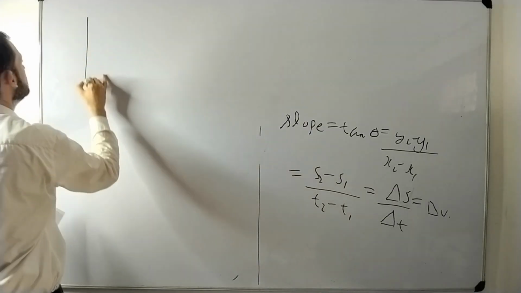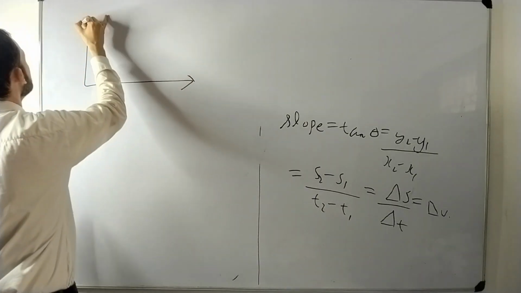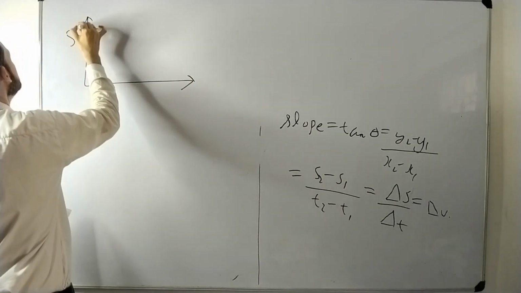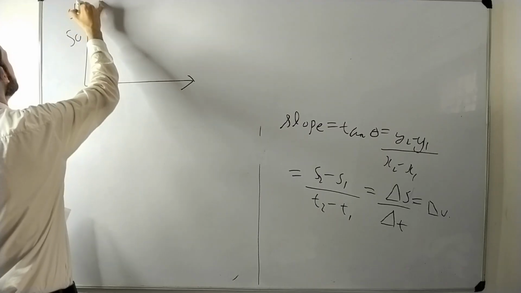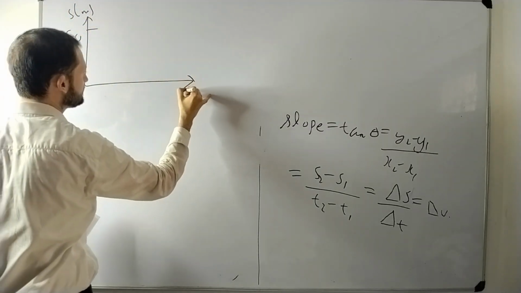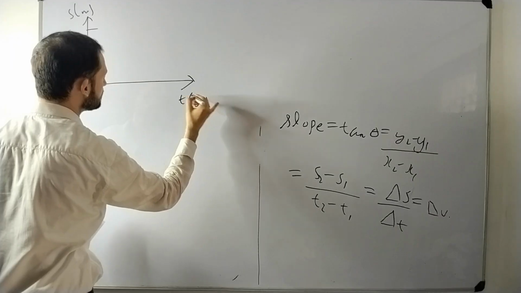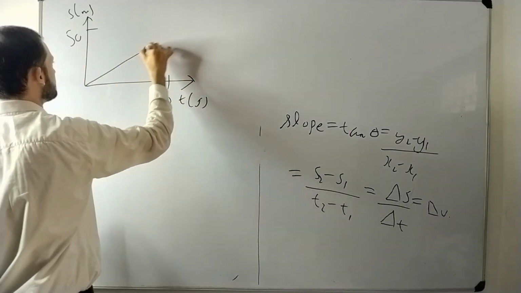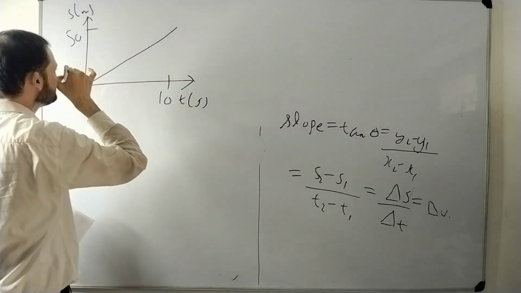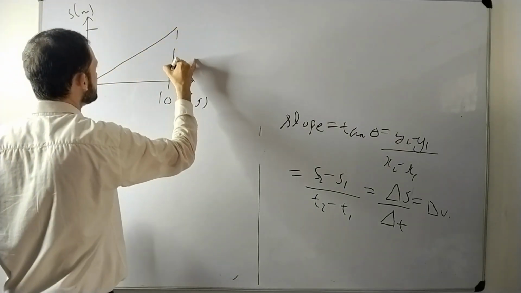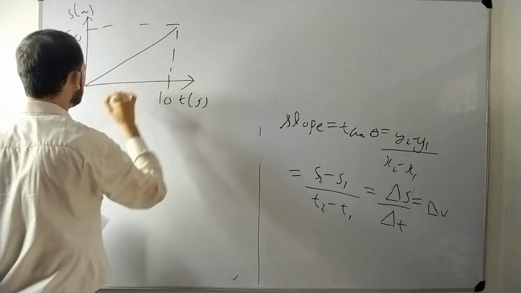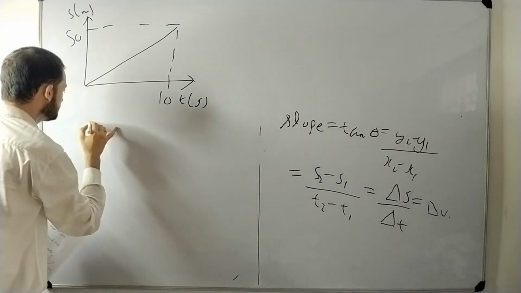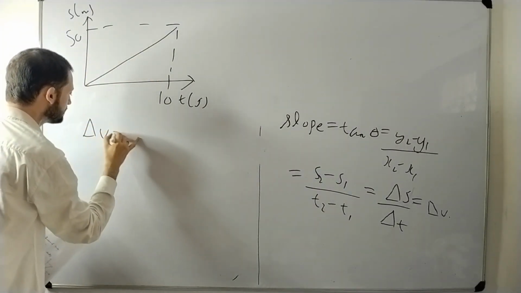Example, this is 50 displacement in meter, this is time in seconds. So this is 10 and this is your S versus T graph. This is displacement happening, and what should I write? Del V should be what?